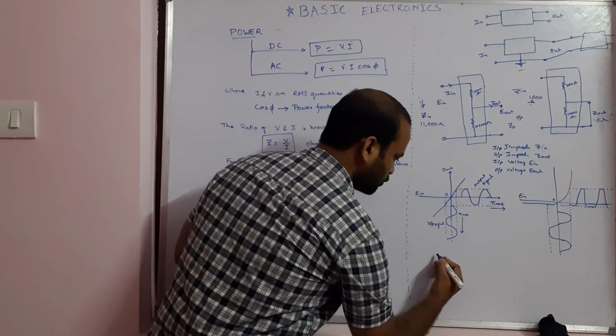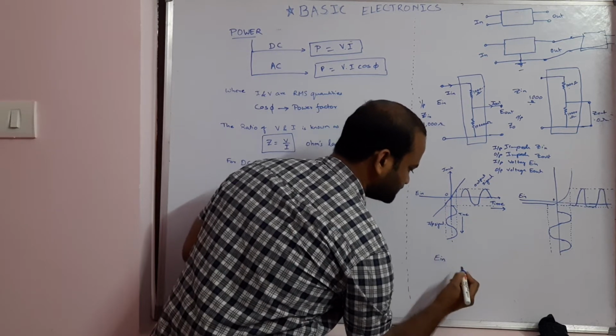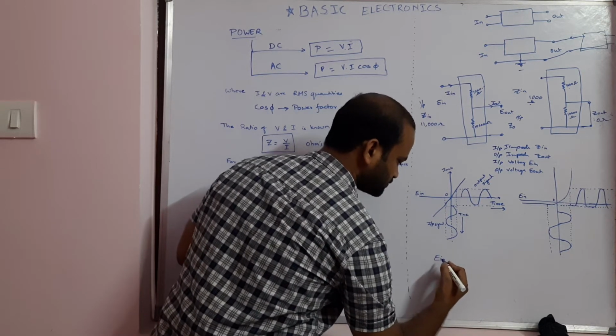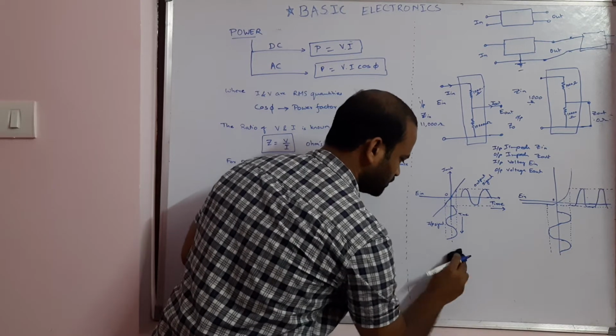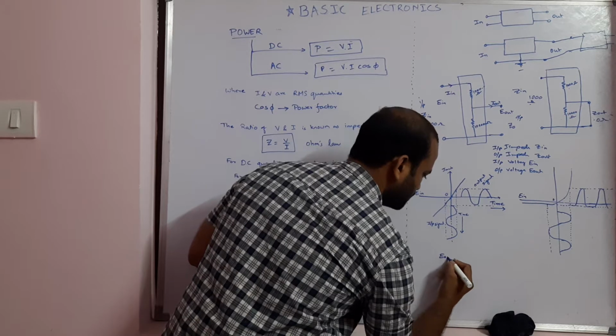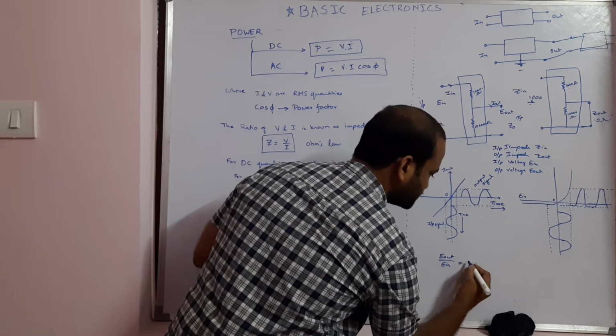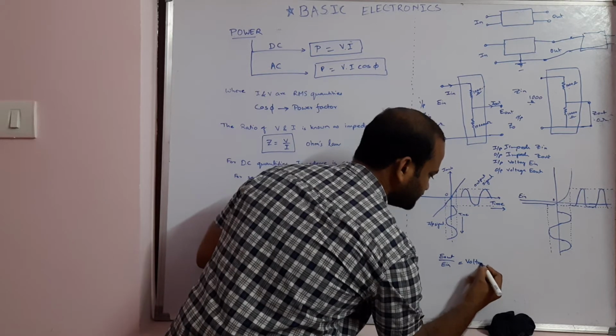That is coefficients such as E out by E in. This is also known as voltage gain.